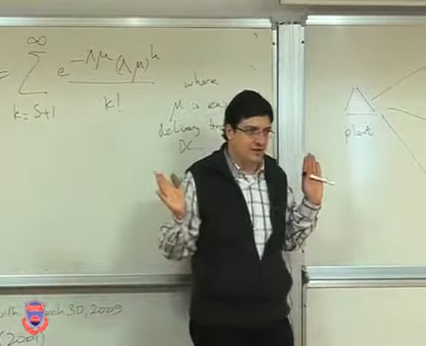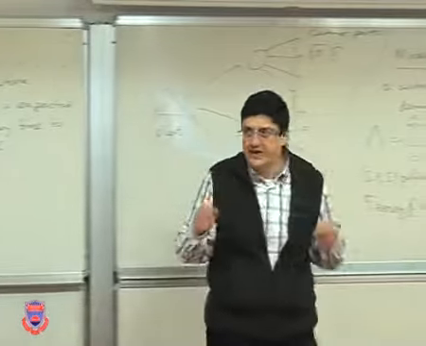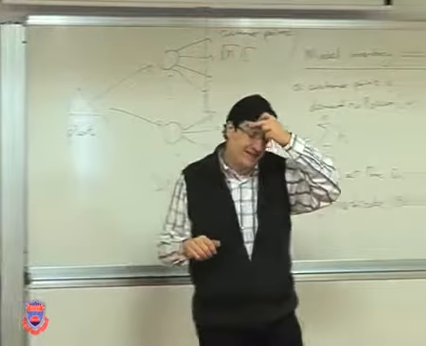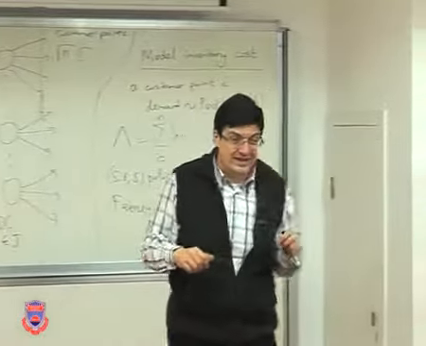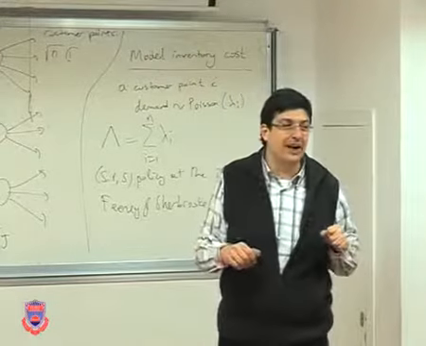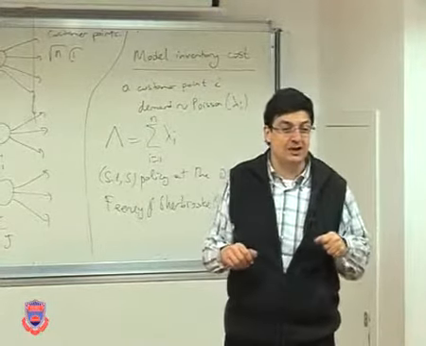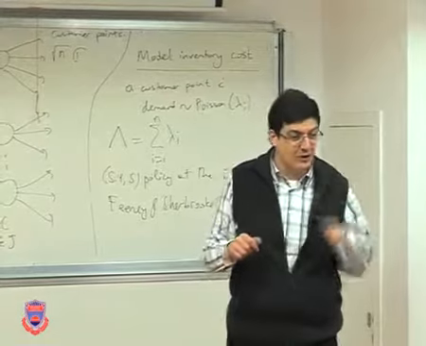Very simple actually, so it's very reasonable. But in this case, mu is the expected delivery time, and mu has a distribution. It has a variance, and so on and so forth.